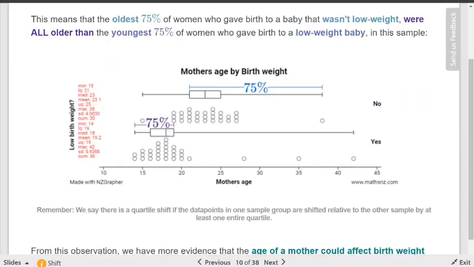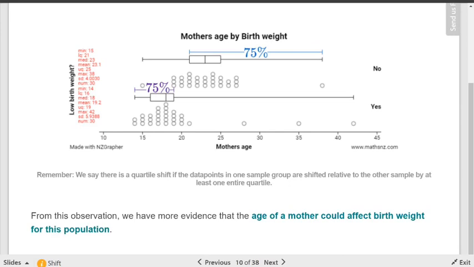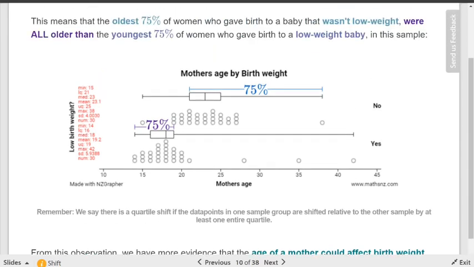So in this sample, if you look at the data here, again, don't worry about the conclusion that they're making. Here's one quartile, here's another quartile, here's a third. And all of those fit into the first one on the upper one.